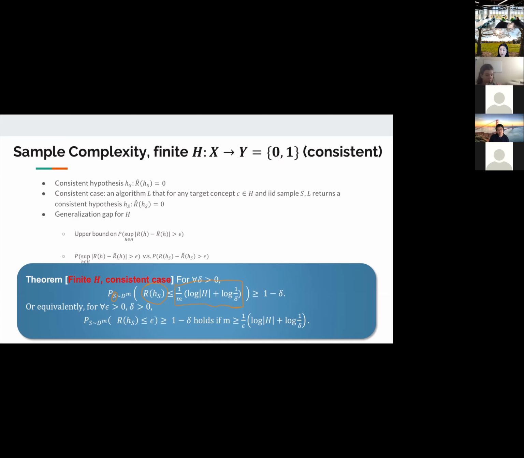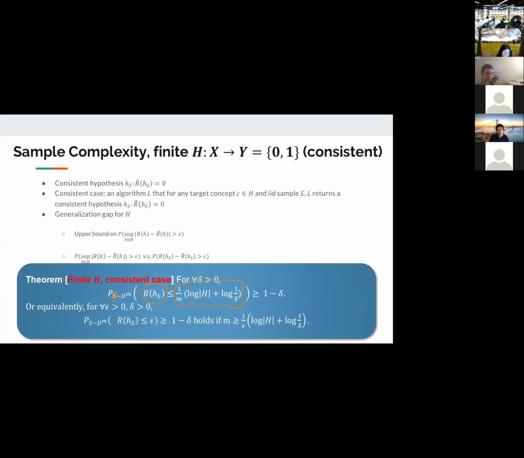So what does this tell you? It would seem that if you pick that error on the right, then you would have a requirement on m.